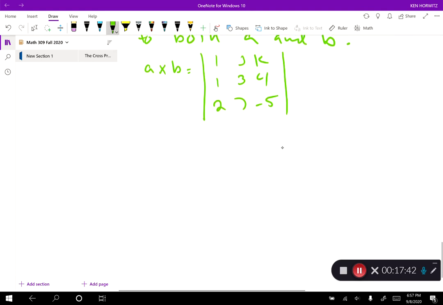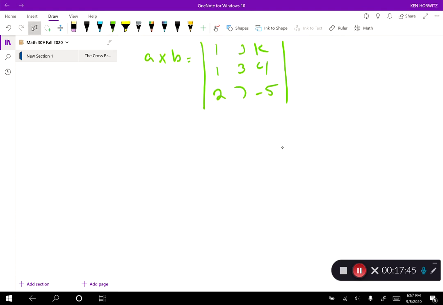All right. And now we want to break these down into the smaller determinants. So I cover up my i column, and my determinant winds up being 3, 4, 7, -5, i, and it goes positive, then negative.